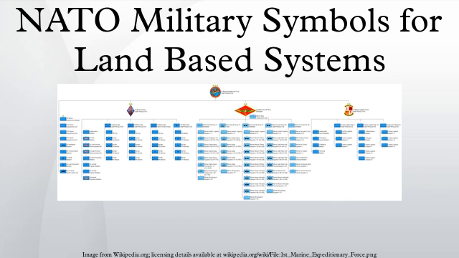MIL-STD 2525A, APP-6A, Military Symbols for Land-Based Systems was developed directly from MIL-STD 2525A, Common Warfighting Symbology. MIL-STD 2525A was the American standard for military symbols. The custodian of APP-6 is the United States.